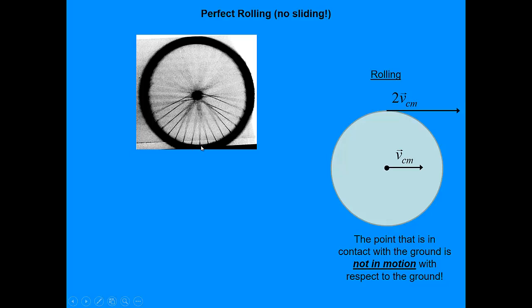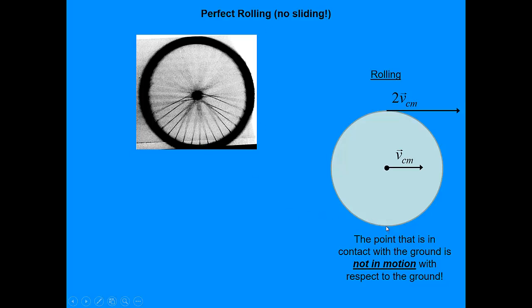Why? Because it's not moving with respect to the ground, which is the frame of reference of the camera. So with respect to the camera, the bottom of this perfectly rolling wheel is not moving, and therefore is not blurry at all. Kind of interesting, right? This is a real picture of a bicycle wheel rolling.